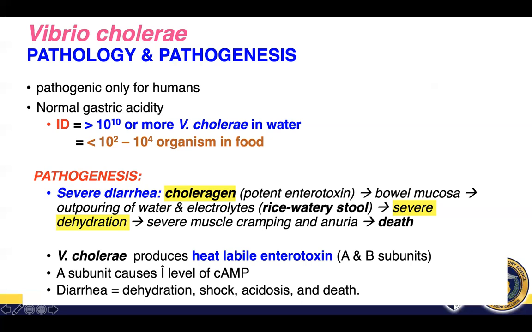So yung type ng enterotoxin niya yung may A and B subunits. Its A subunit causes an increased level of cyclic AMP. Okay, so an increase in cyclic AMP levels usually leads to hypersecretion of water and electrolytes into the lumen. Okay, kaya lumalabas lahat.